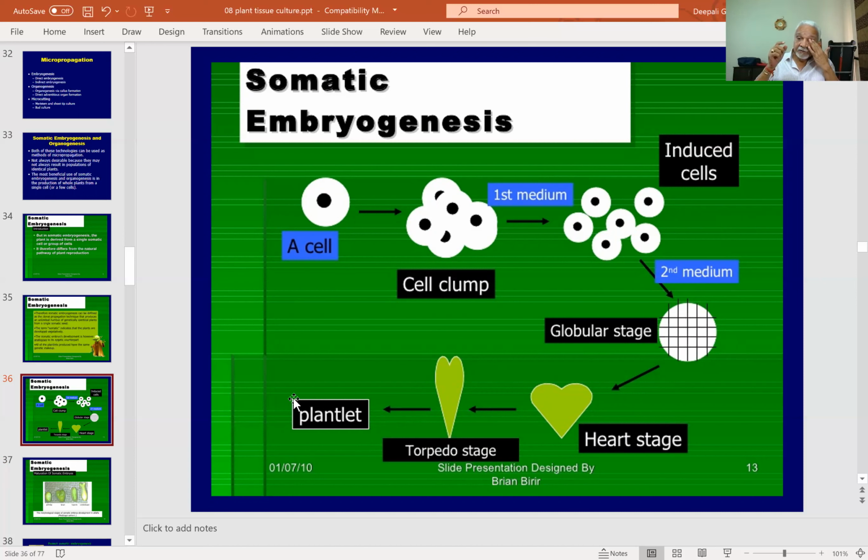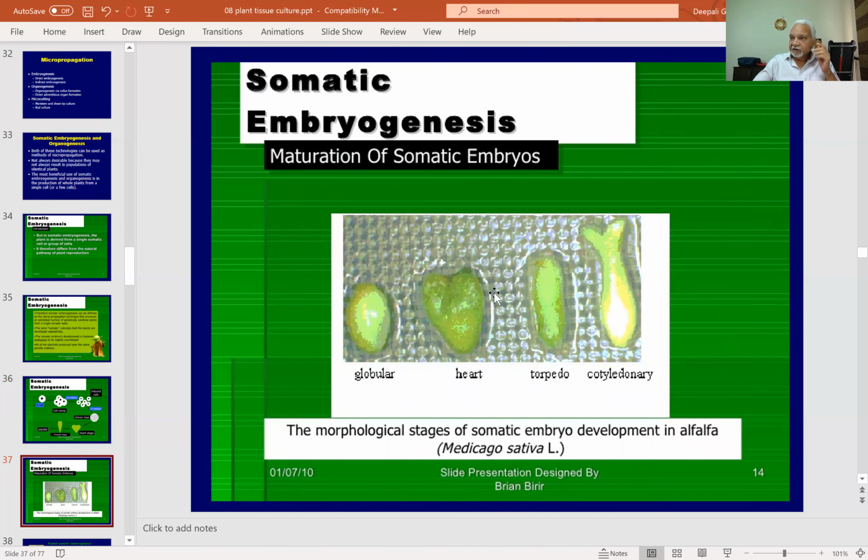This kind of development, which the embryo undergoes during sexual reproduction, is seen in somatic embryo development also. This is the globular stage, heart-shaped stage, and torpedo stage, and these are the germinating cotyledonary stage.